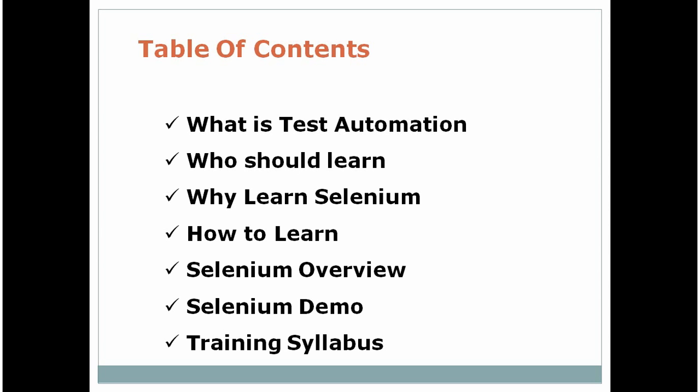Selenium overview, about the different aspects and capabilities of the Selenium tool, a quick Selenium demo, and the training syllabus. What are the different topics we should cover in Selenium? And finally, a question and answer session. In that session I will be talking about your queries.